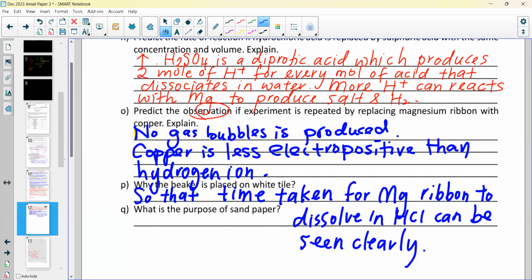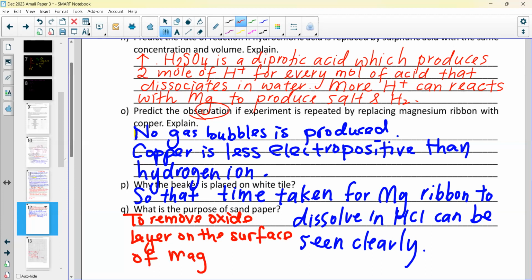Still okay? Hannah, last question. What is the purpose of the sandpaper? To remove oxide layer on the surface of magnesium ribbon.